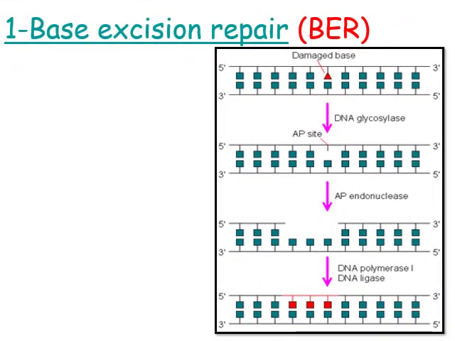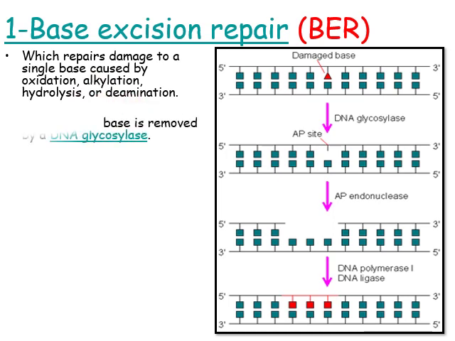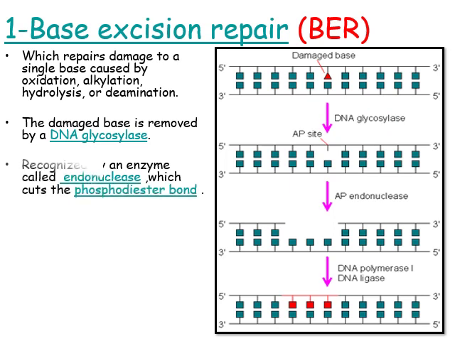The first mechanism, used to correct errors in a single strand, is called base excision repair, which repairs damage to a single base caused by oxidation, alkylation, hydrolysis, or deamination. At first, the damaged base is removed by the DNA glycosylase enzyme, then recognized by the endonuclease enzyme, which cuts the phosphodiester bonds on the DNA strand.